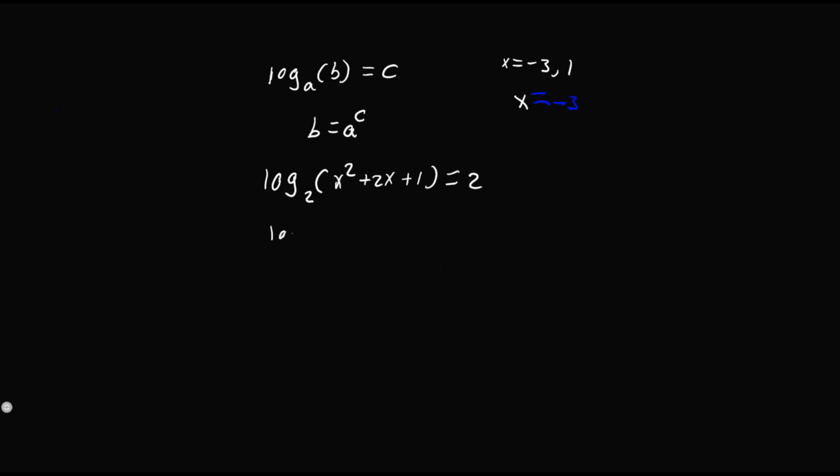We're going to have log base 2 of 1 plus 2, which is 3, plus 1, which is 4, which is the same thing as 2. So we see that both of our solutions verify the equation that we had earlier. We're going to write that again in blue, say that these are our solutions, and check mark that.